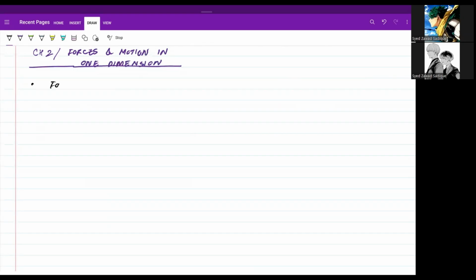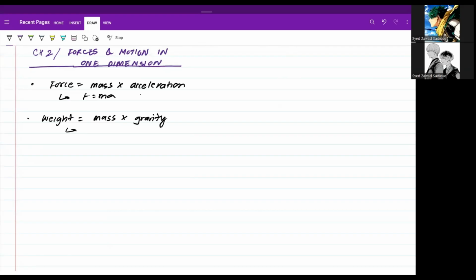So the first formula is force equals mass times acceleration, which is F is equal to ma. I'll just give you the formulas now and later on I'll tell you the units. Then, weight is equal to mass times gravity, W is equal to mg.